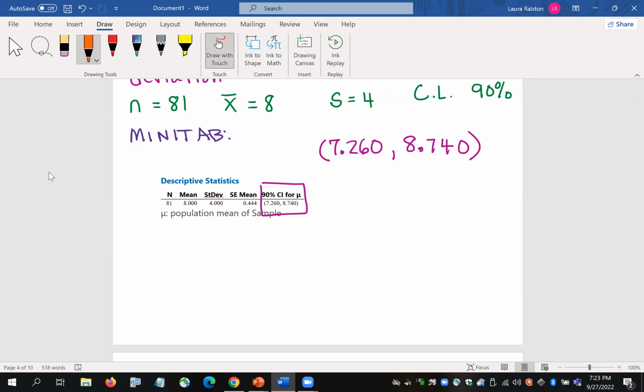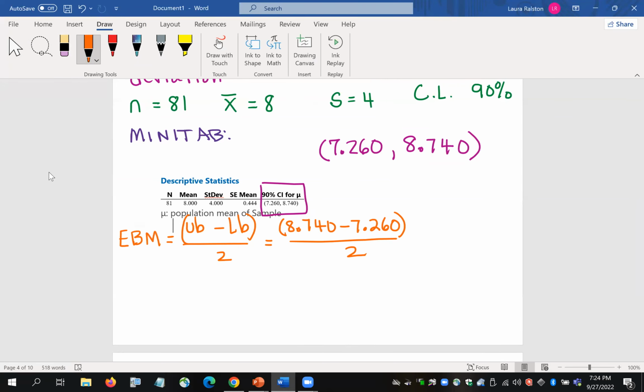We then calculate our error bound margin. Again, that's going to be the upper bound minus the lower bound divided by 2. So I have 8.740 minus 7.260 all divided by 2.